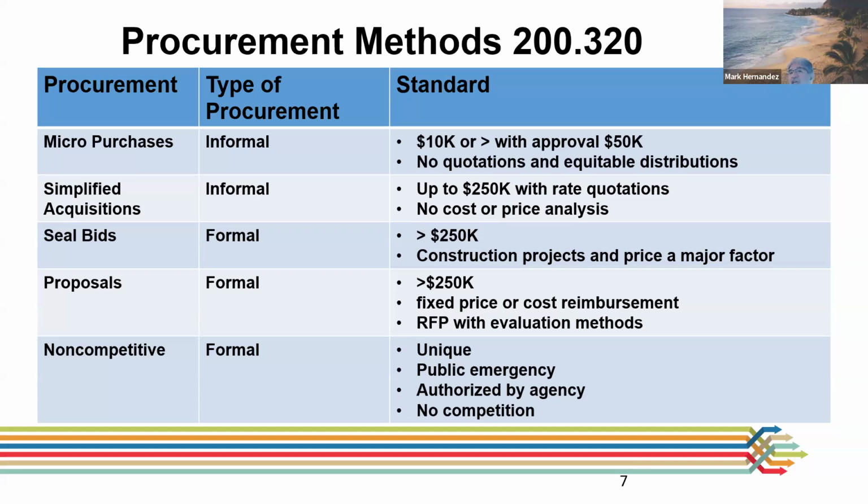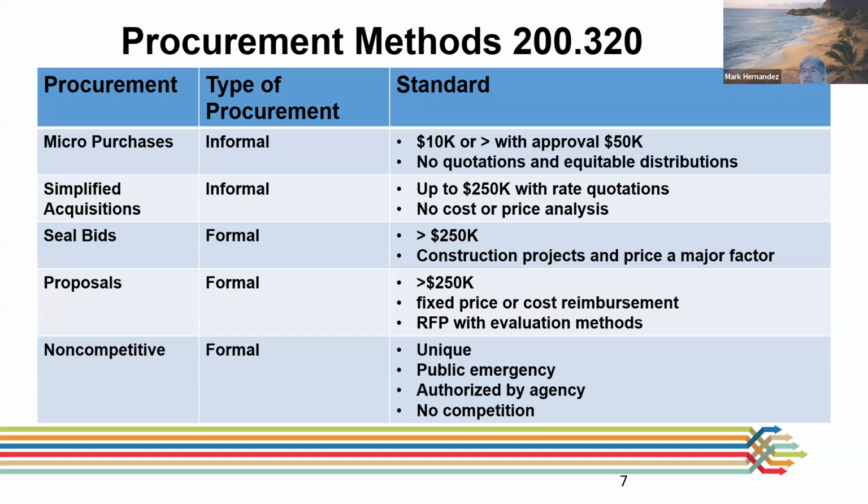So a lot of programs are going to be outside of that. You would have to find other ways to get approval from your funding agency or your funder at that point. I would think that 90% of our people typically have micro purchases rather than anything else, because that's a $10,000 limit, or a threshold before you go to the next one.